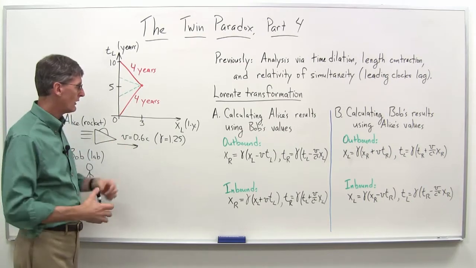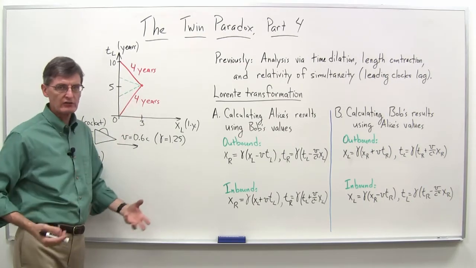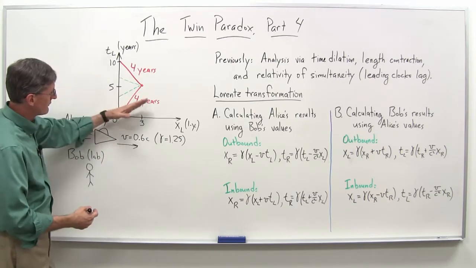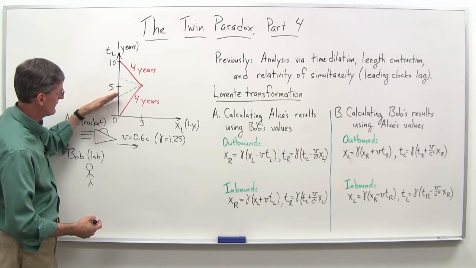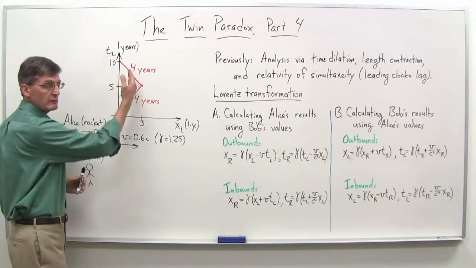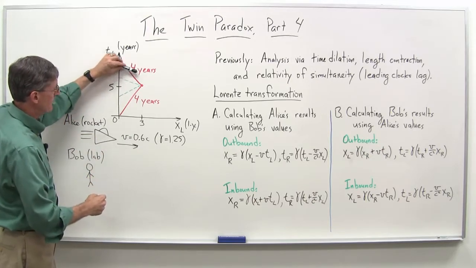Remember, the key was that when we analyze the turnaround, essentially Alice is changing frames of reference. Her lines of simultaneity were parallel to the green dashed line that slopes down like this. When she changes frames of reference, her lines of simultaneity are parallel this way.